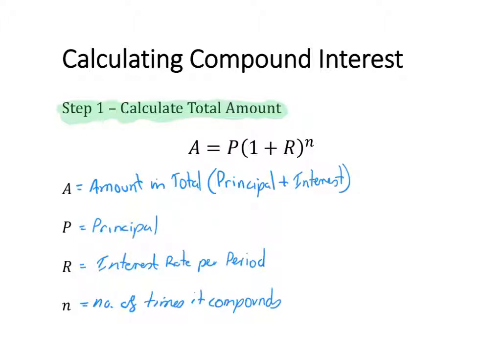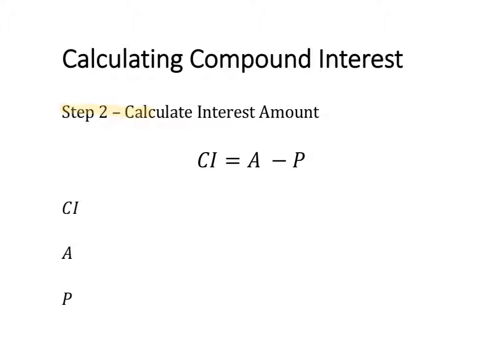So in calculating the amount of compound interest, the first step is to calculate the total amount using the formula A is equal to P, and then in brackets, 1 plus R to the power of N. The second step in calculating compound interest is to calculate the actual interest amount.